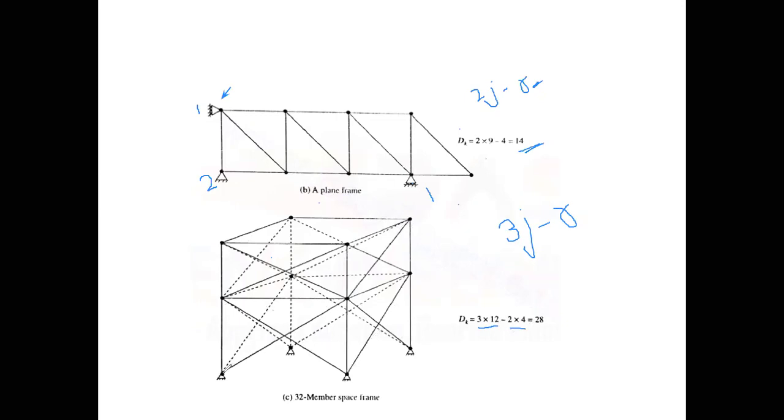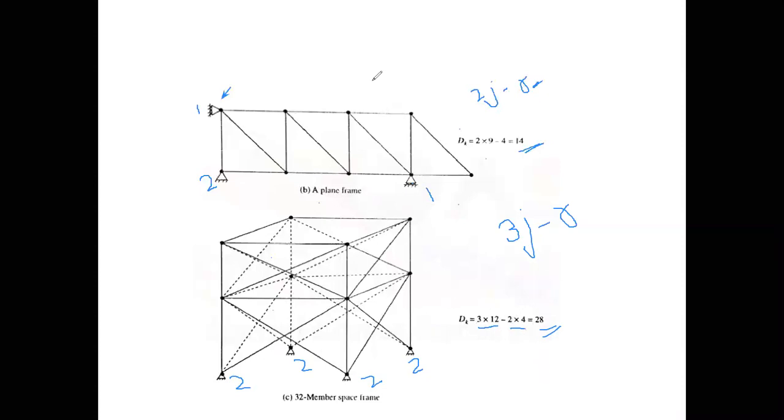Now what is r? All the ends are hinged, and each end has 2 internal reactions, so in total it is 4. So it is 3 multiplied by 12 minus 4 equals 28, and this is the degree of kinematic indeterminacy in this case of space frame.